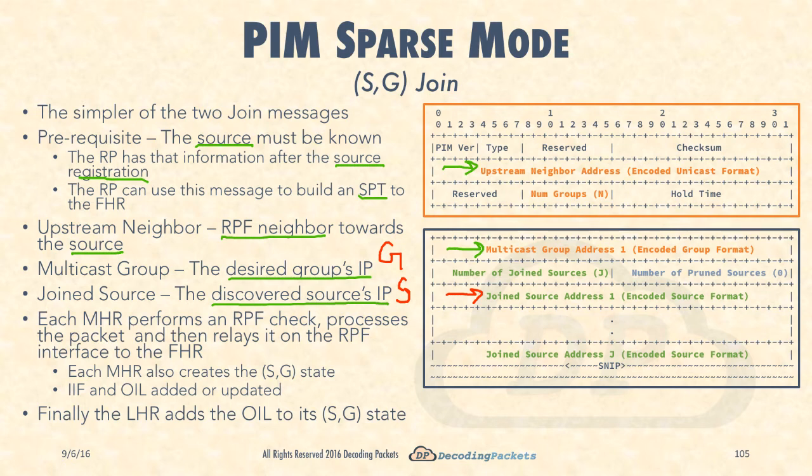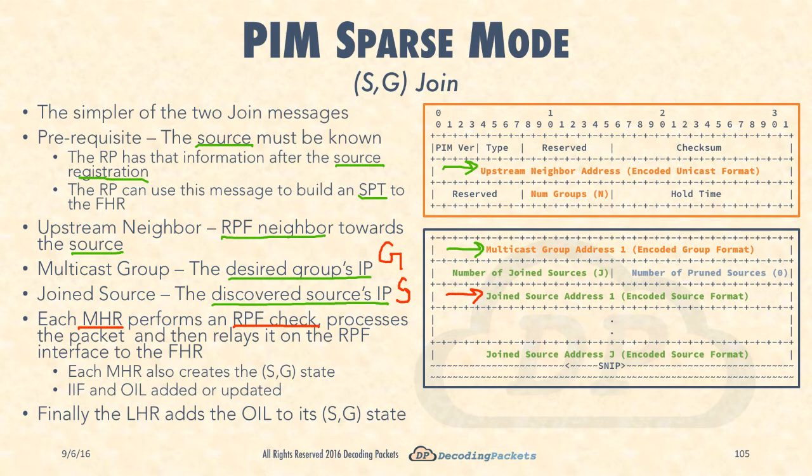Once again, each middle hop router, remember, the join messages or the join prune messages really are processed hop by hop, by every router that receives them. So every middle hop router will perform an RPF check on that message. It'll process the packet.